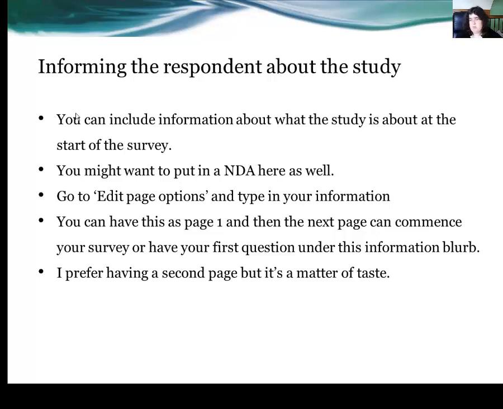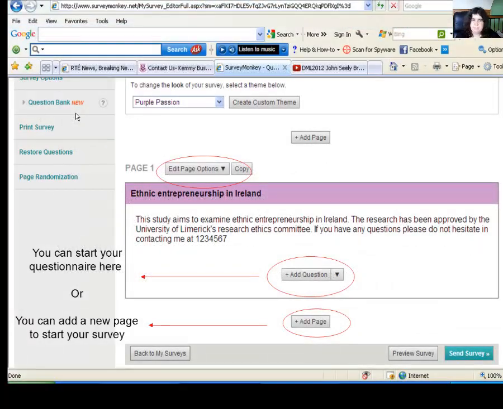Or you can have your information page, and then underneath that, the paragraph of text on that page, you can then have your series of questions. This is all a matter of taste of how you display it, be it a second page or having your information blurb in a paragraph and then your questions underneath.